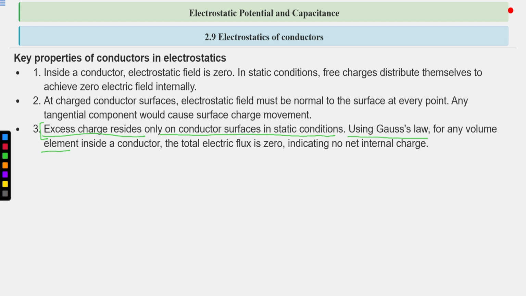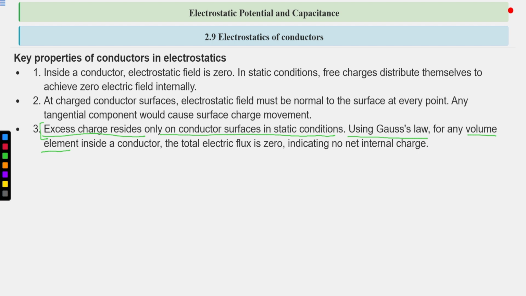So electric flux through that small element will be zero, which means according to Gauss law, there is no charge enclosed by that surface. That means if there is no electrostatic field present inside the conductor, there should not be any charge inside that enclosed surface of the volume element.